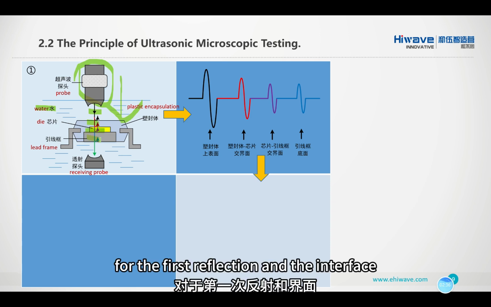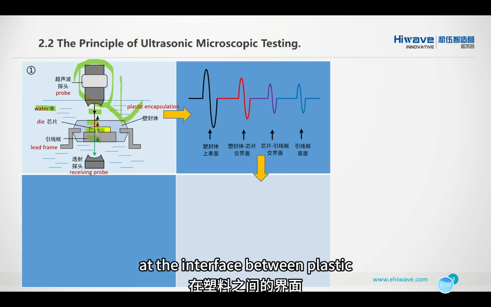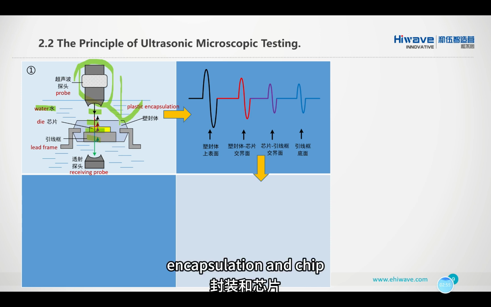The first reflection is at the interface between water and plastic encapsulation. The second reflection is at the interface between plastic encapsulation and the chip.